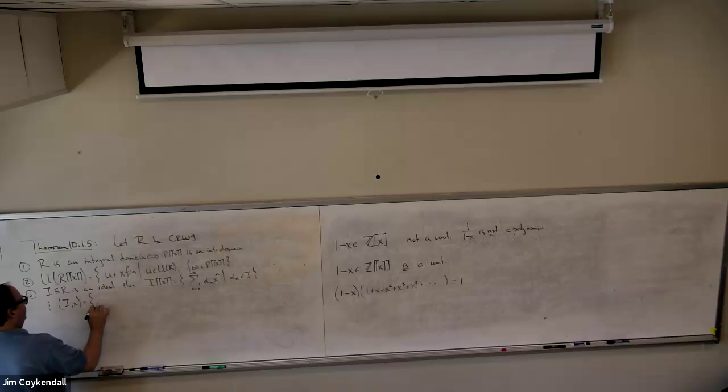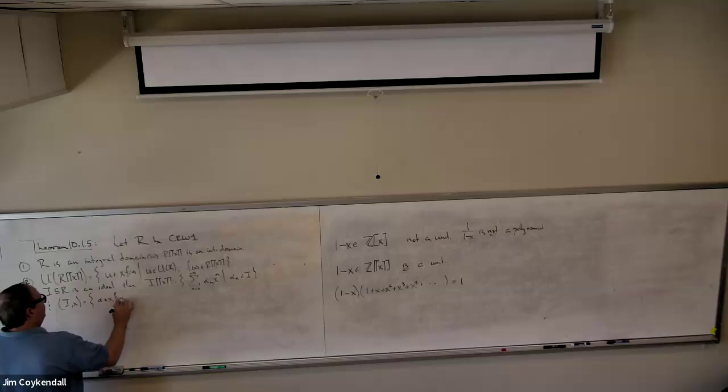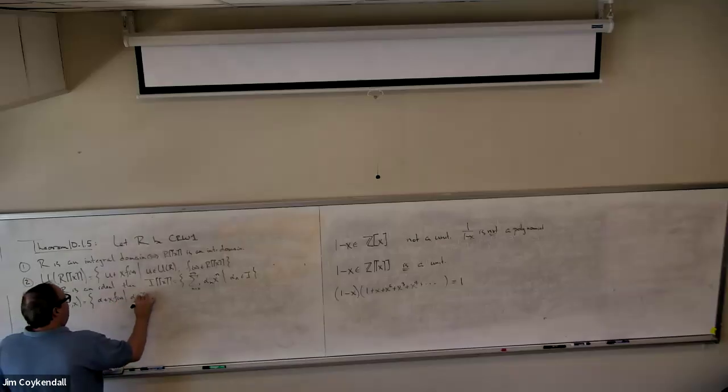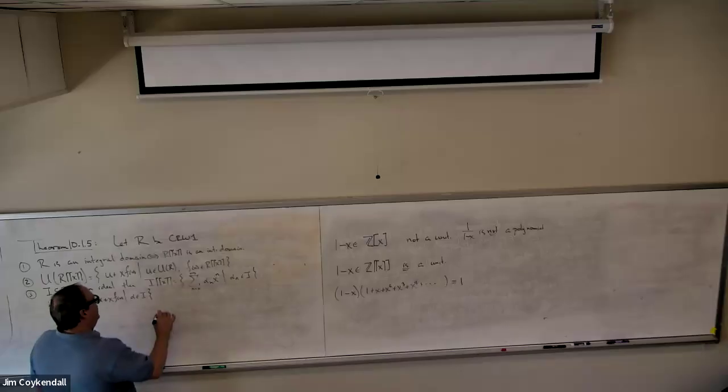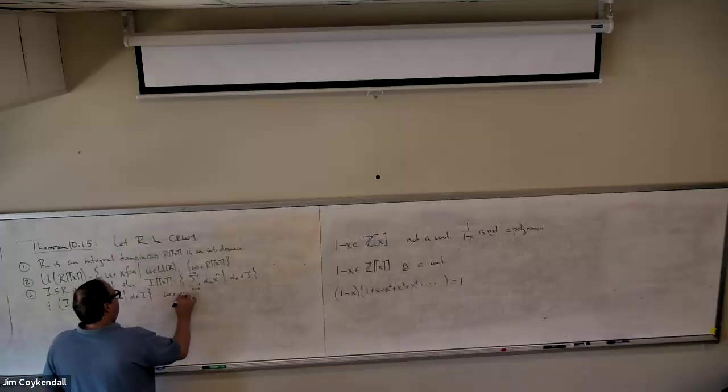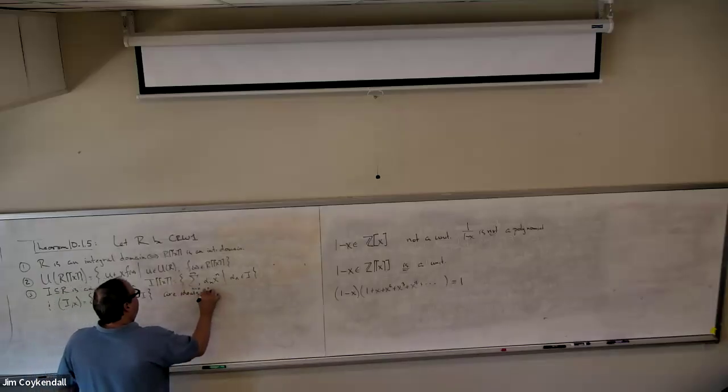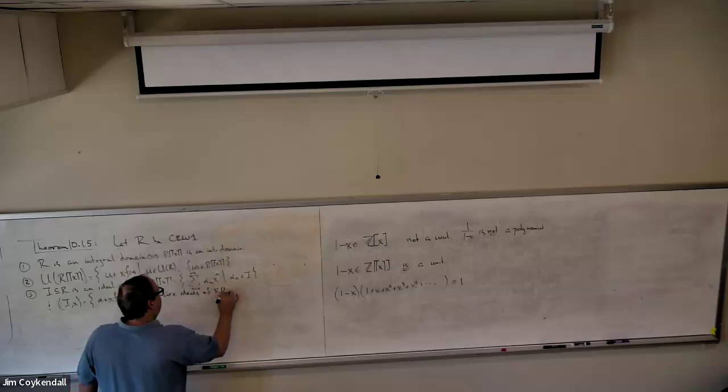This is the set of alpha plus x f(x), where alpha is in I. So in other words, again, just like polynomials, this is all power series whose constant term lives in I. After that, no restrictions. All you need is a constant term living in I. These are ideals of R[[x]].